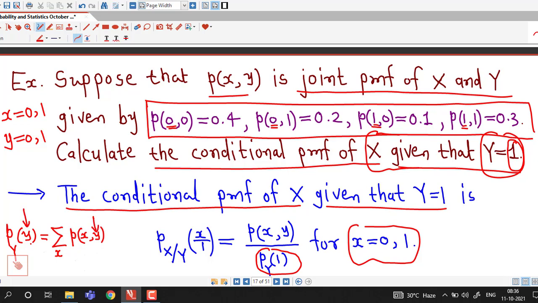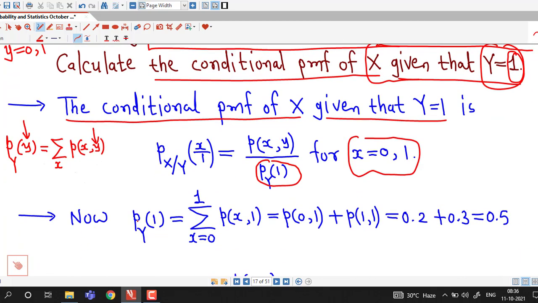The fixed value of y is 1. So we have the definition p of 1 equal to summation p of (x, 1), taken over all possible values of x. Here the possible values of x are 0 and 1, so sigma p(x, 1), x from 0 to 1.